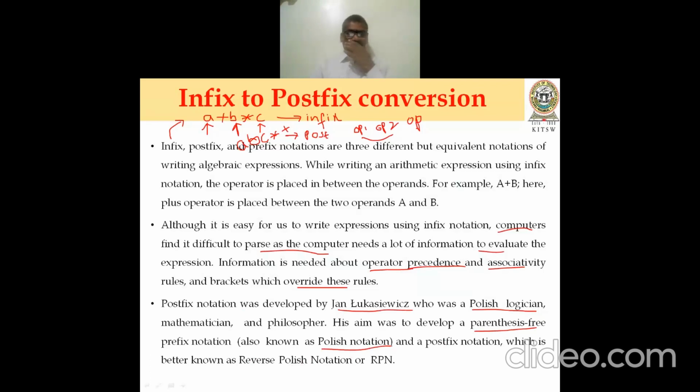So the prefix notation is known as Polish notation, and the postfix notation is better known as reverse Polish notation, RPN. Sorry, Polish notation is known as prefix, and reverse Polish notation is known as the postfix notation expression.